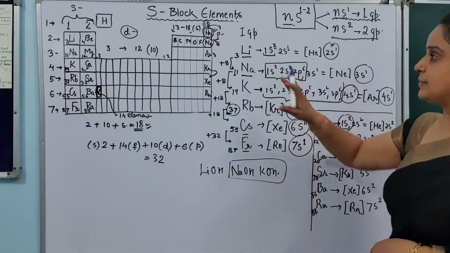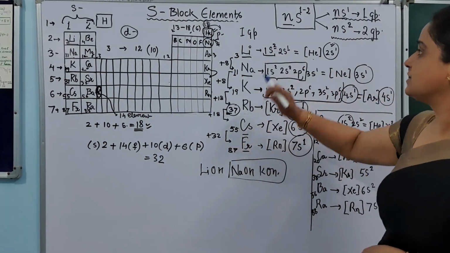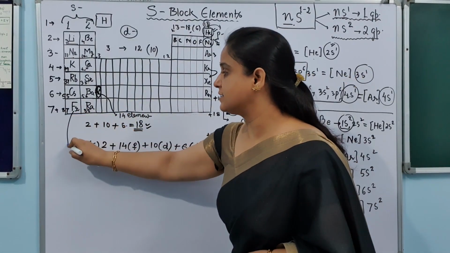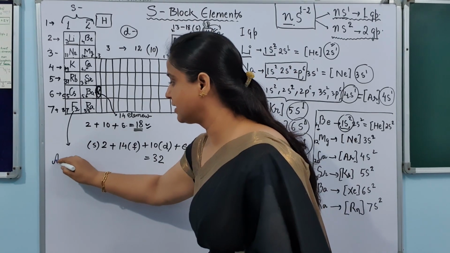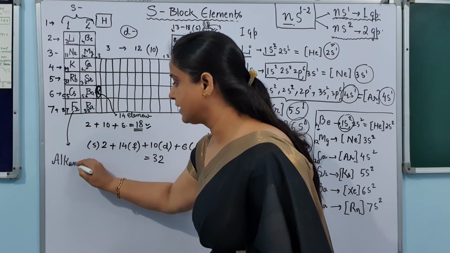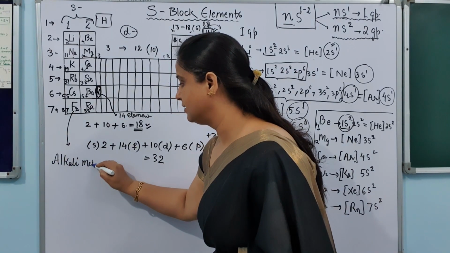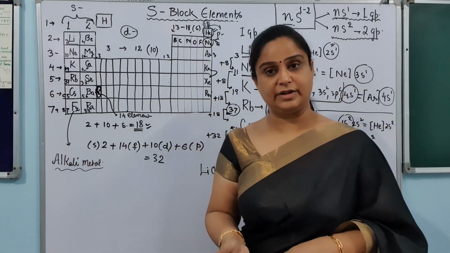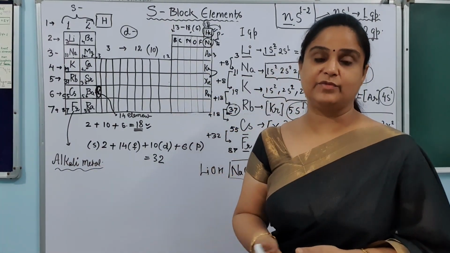So please do remember that the first group elements are also known as alkali metals. I am writing down here the other name of these metals, alkali metals. Because they form a strong alkali with water.